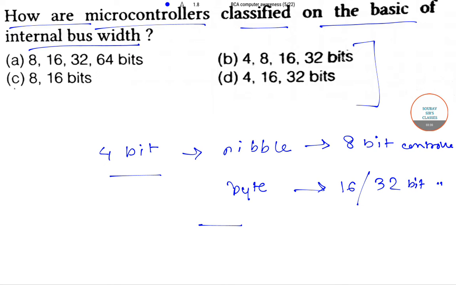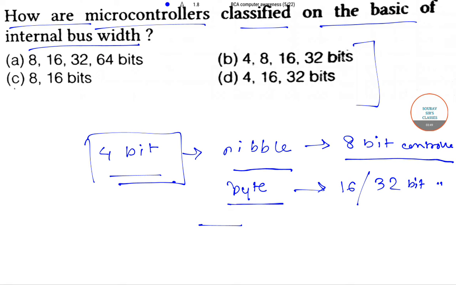So again I'm repeating my answer: if a microcontroller is classified as 4-bit, and if it executes a nibble at a time, then it will be an 8-bit controller. And if it executes a byte at a time, it is called a 16 or 32-bit controller.